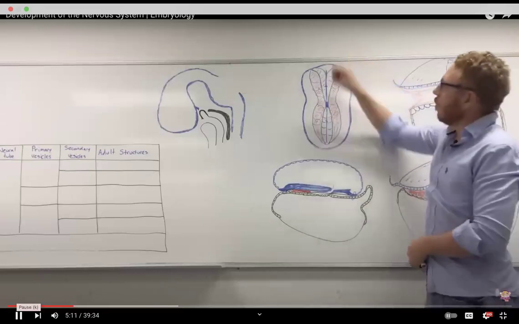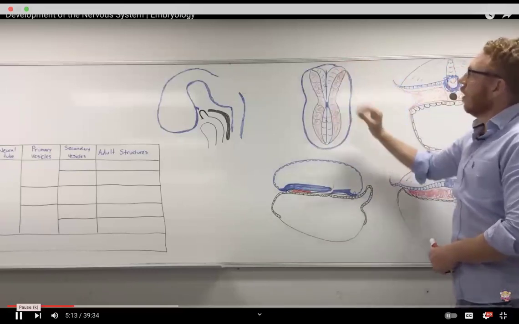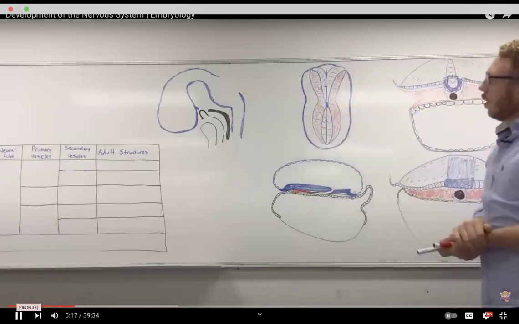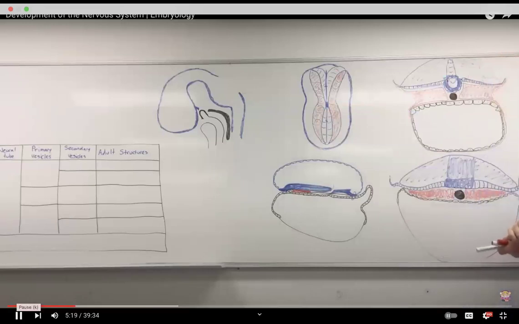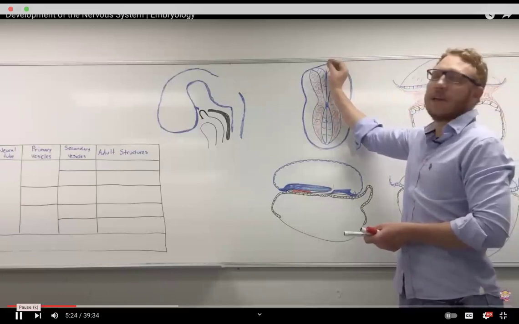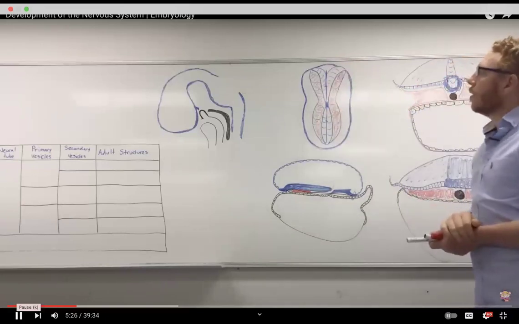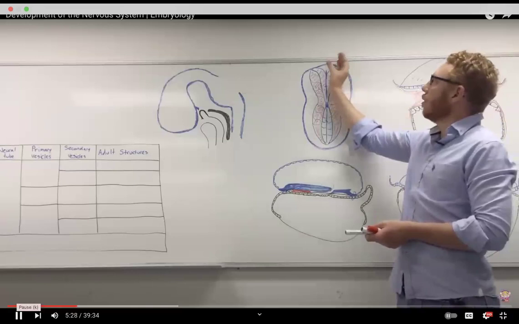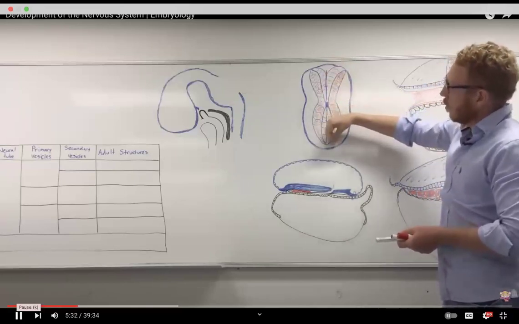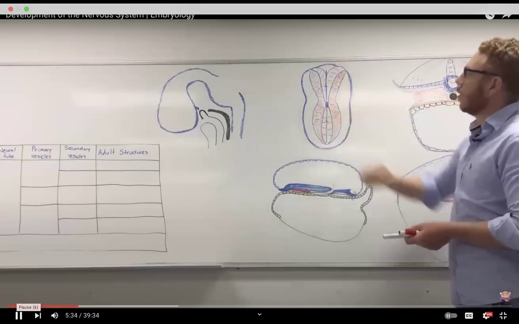Now, the top end, before it closes shut, is called the cranial neuropore, and the bottom end is called the caudal neuropore. Eventually it will close, firstly up here. At about day 25, it will close at the cranial end, and about 2 to 3 days later, it will close at the caudal end.